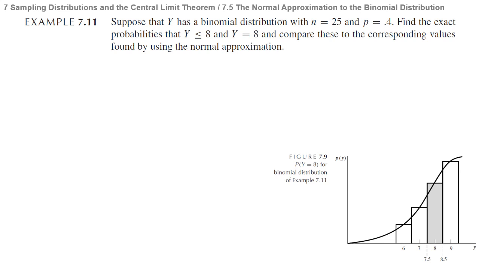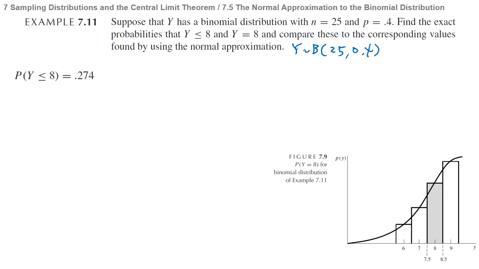Okay, and for the probability of Y less than or equal to 8, you can directly find it using the binomial distribution table. So Y follows a binomial distribution with n equals 25 and p equals 0.4.